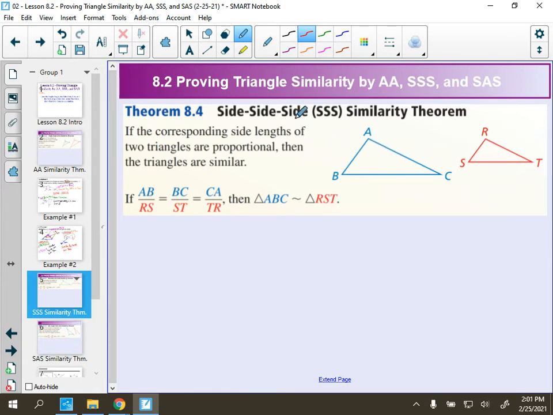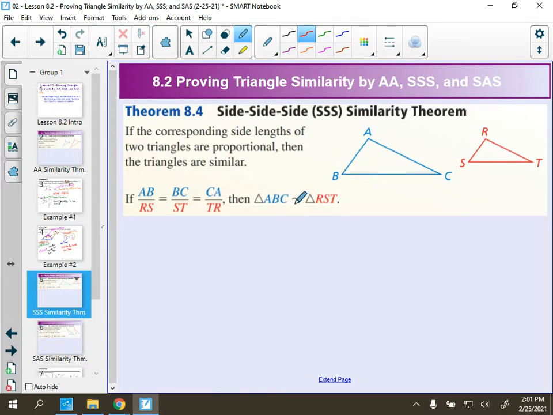Now we're taking some liberties. I don't need to know anything about the angles here because these are triangles. All I need to know is that the side lengths are proportional. So if I take AB and divide it by RS, and AC divided by RT, and BC divided by ST, and I get the same value, those are all equal ratios, and the two triangles must be similar.